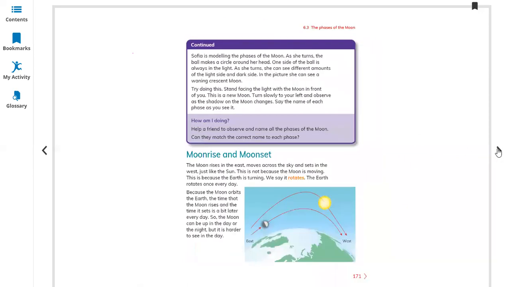So you can do this at home. Sophie is modeling the phases of the moon as she turns. The ball makes a circle around her head. One side of the ball is always in the light. As she turns, she can see different amounts of the light side and the dark side in the picture.